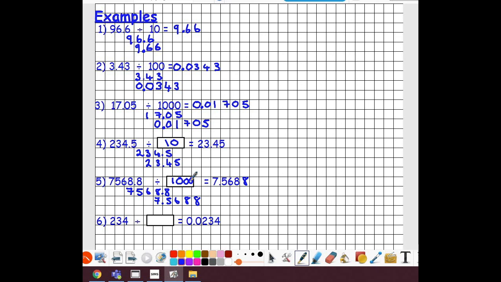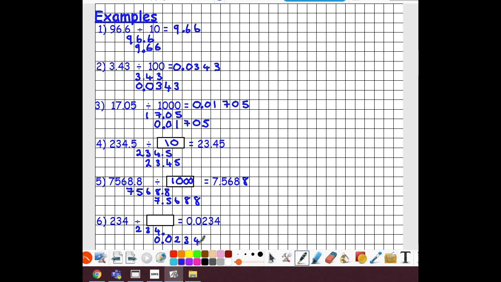And then, example number 6, 234. So we're starting with 234. Remember, if the decimal point isn't in the question, it comes after the units digit. And then we're ending up with 0.0234.